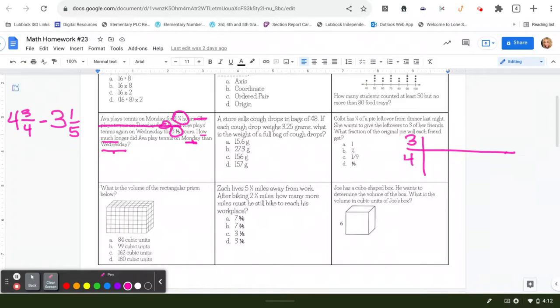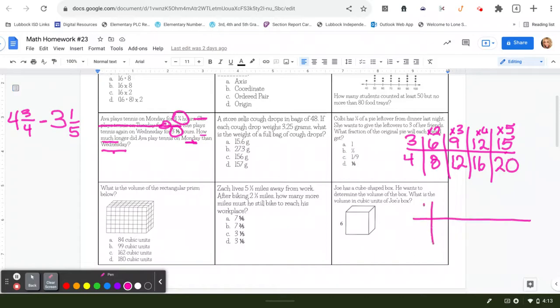Okay, so I'm going to do times 2, times 3, times 4, times 5. 3 times 2 is 6, times 3 is 9, times 4 is 12, times 5 is 15. For 4, 4 times 2 is 8, times 3 is 12, times 4 is 16, and times 5 is 20.